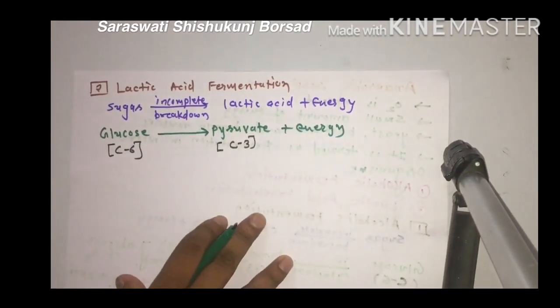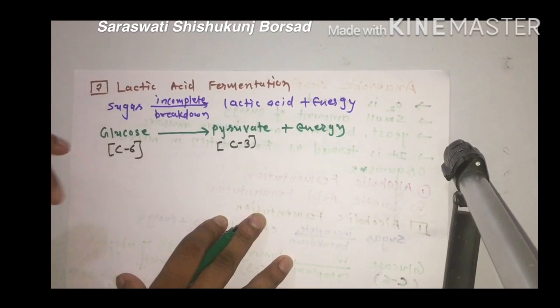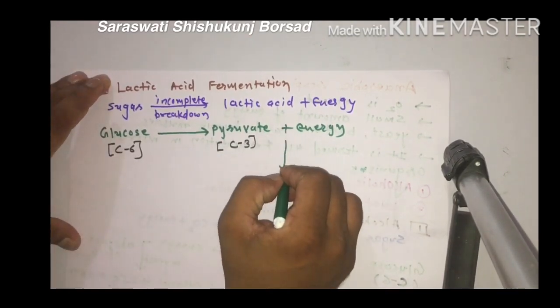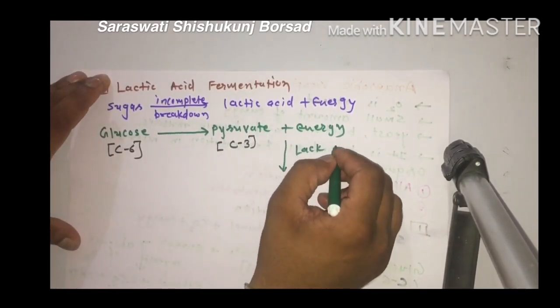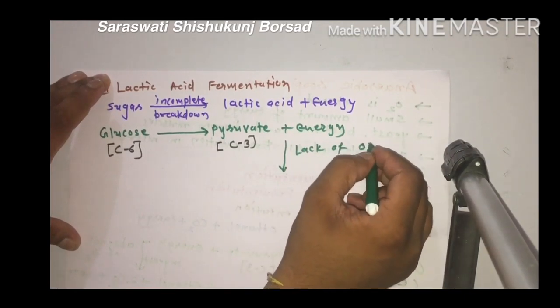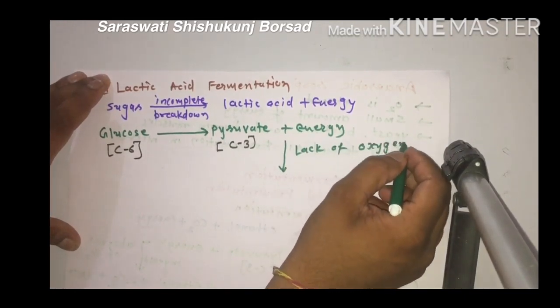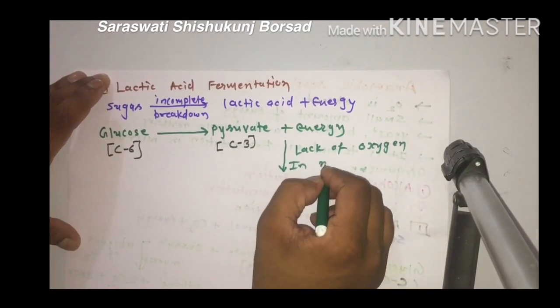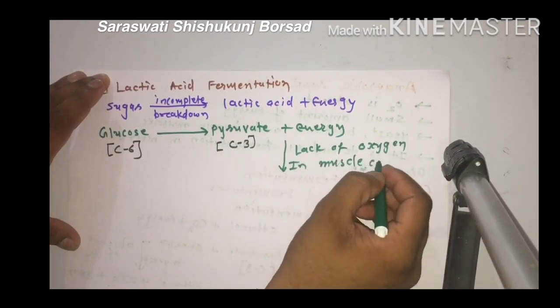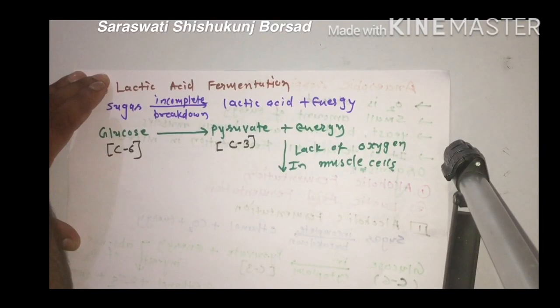In this process there is a lack of oxygen, right? So in the lack of oxygen, and in muscle cells, what will we get?